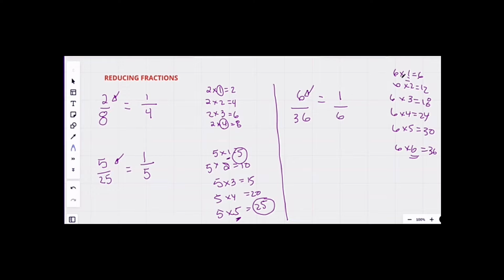We've got a 1 because 6 times 1 equals 6, and we have a 6 because 6 times 6 equals 36. I hope that was helpful to try to understand how to reduce fractions to their lowest term, or simplify the fractions.